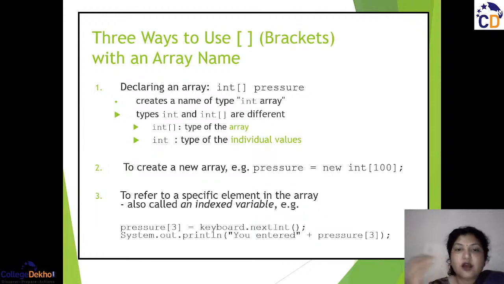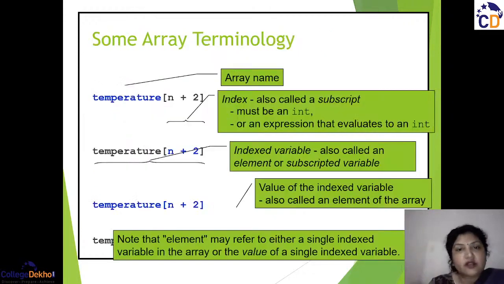This is how we can use square brackets in different ways. Again, the first is when we have square brackets with some data type, that means it is an array. If we want to define or create an array, we use square brackets. The last use is to access an element using an index.